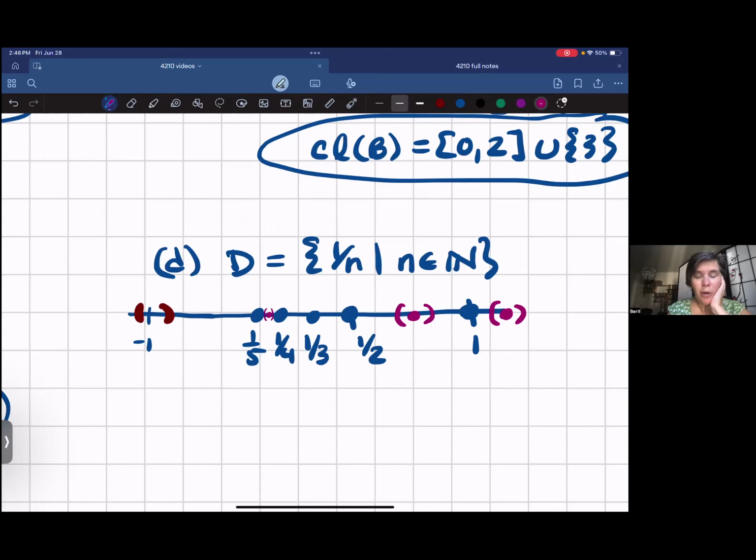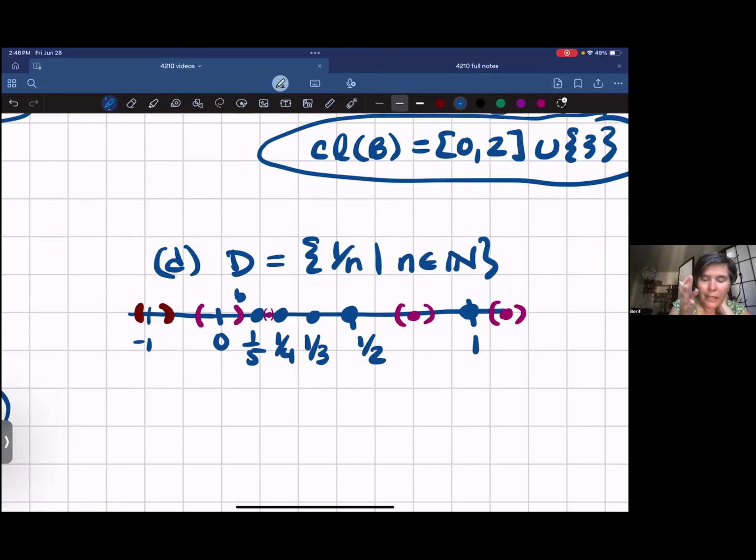No, there is one more point that we have to add to D. If you think about the point 0, this is not exactly to scale, okay? If I take any open interval around 0, it'll have some negative numbers and some positive numbers. And if I keep labeling the points, like call this B, okay?